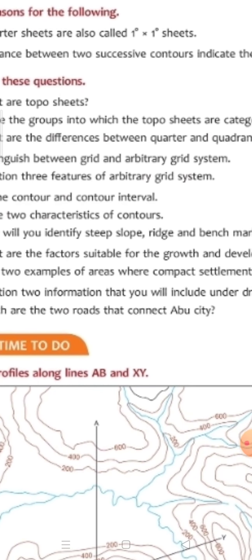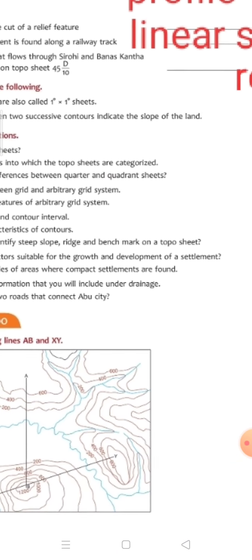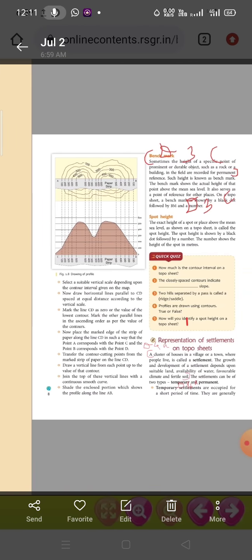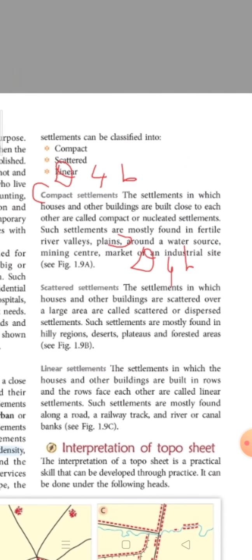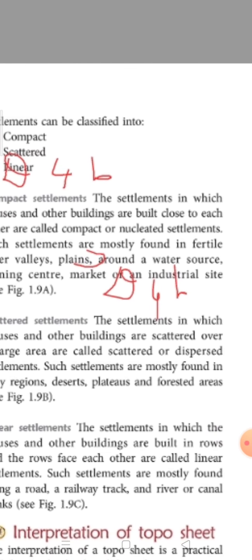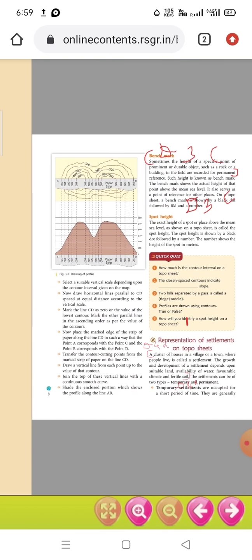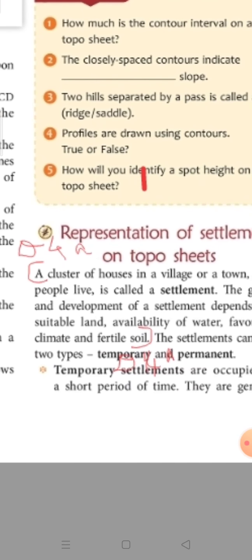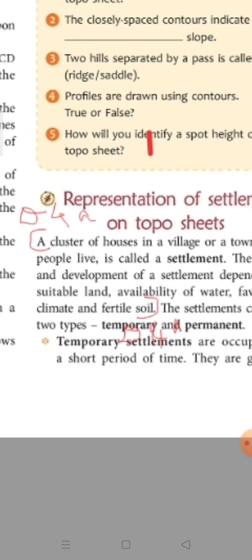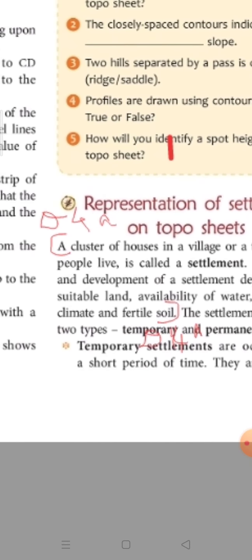What are the factors suitable for the growth and development of a settlement? A settlement is a cluster of houses in a village or a town where people live.